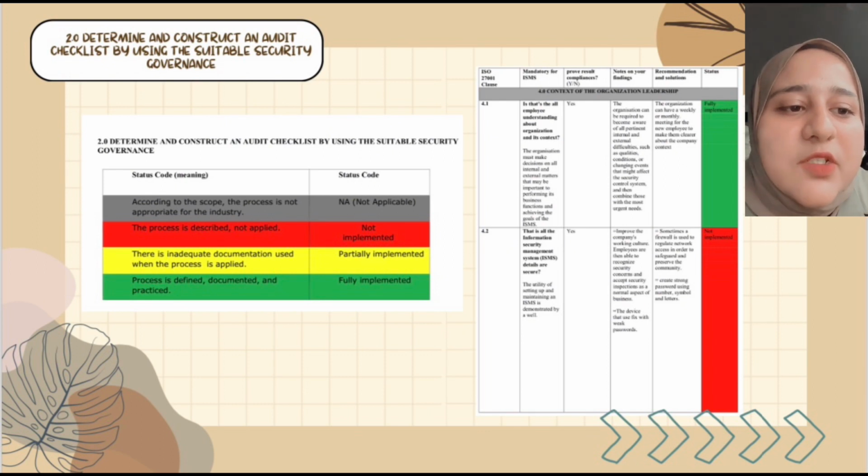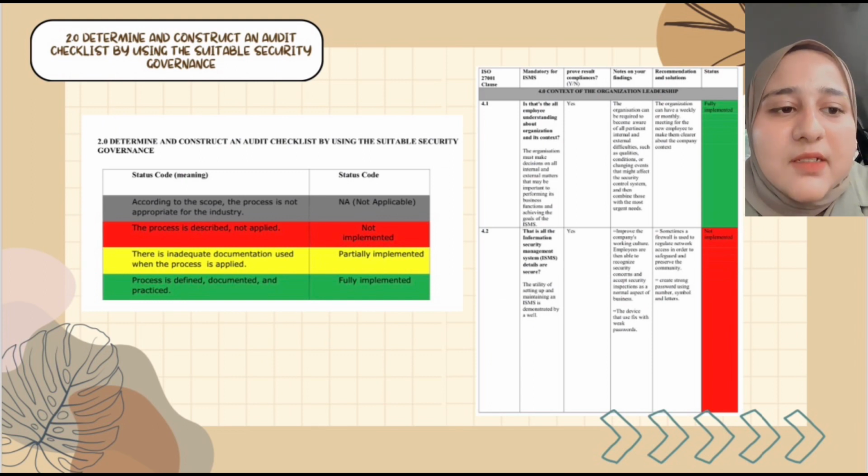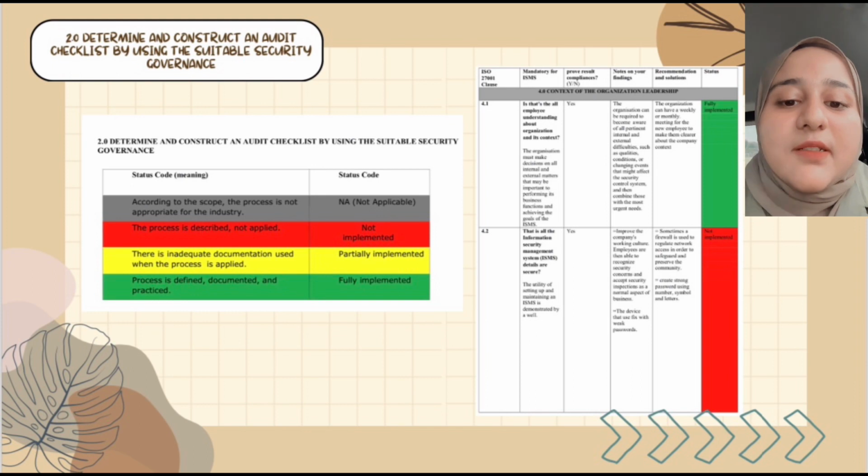Partially implemented means there is inadequate documentation used when the process is applied. Fully implemented means the process is defined, documented, and practiced.